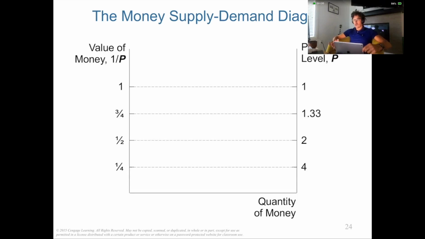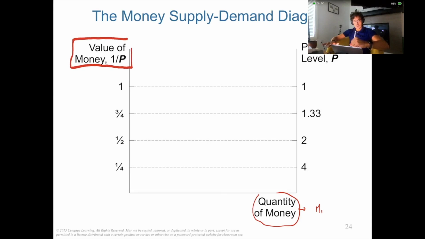This graph has on the horizontal axis the quantity of money. If you want, this one would be M1 or M2, and this is basically the quantity of money. On the left-hand vertical axis, we have the value of money, where the value of money measured in terms of goods is equal to 1 over P. The higher the price, the fewer goods I can buy with the same amount of money.